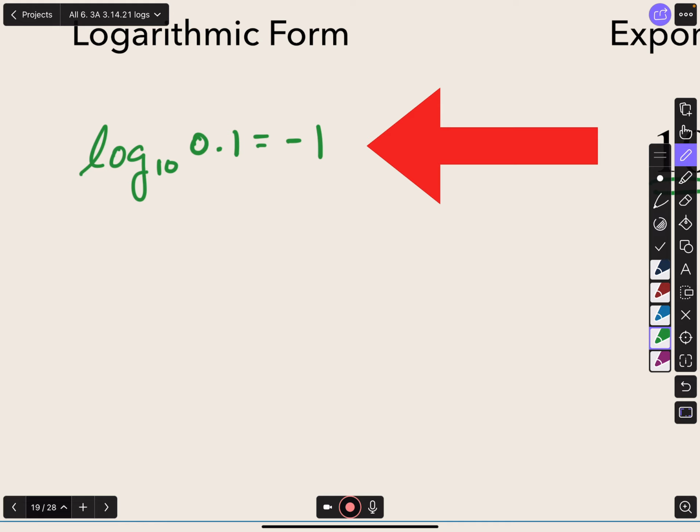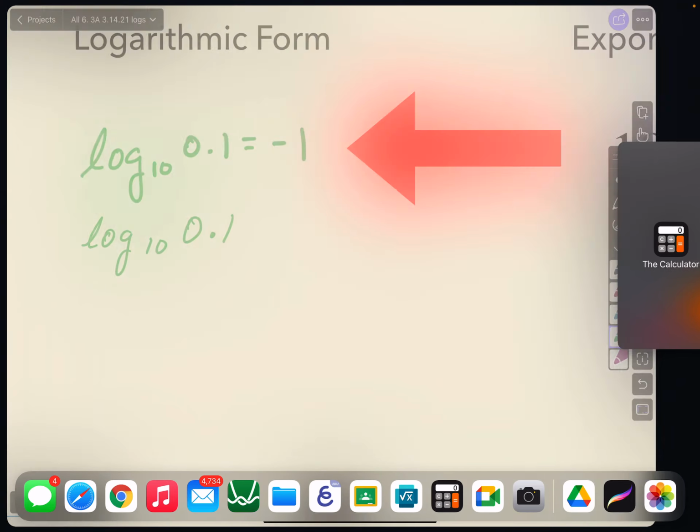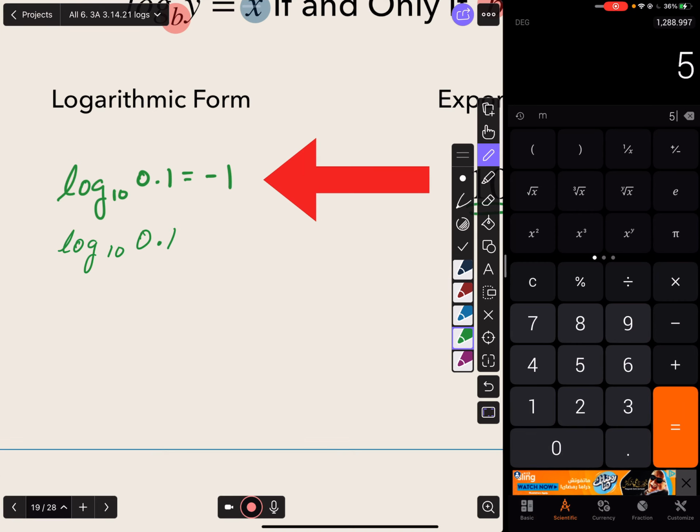And if you go to your calculators, we can find a log button on our calculators. So let's go ahead and pull that thing up. And there's my logs.